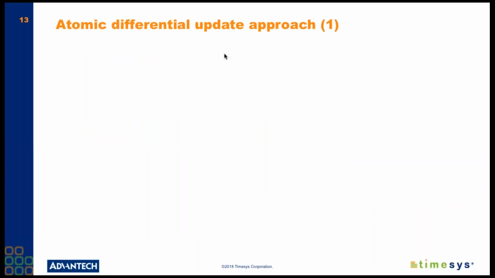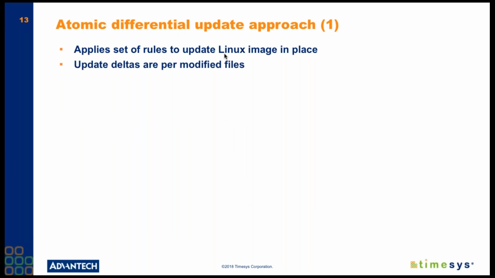The second approach is the atomic differential update approach. It applies a set of rules to update the file system in place, but the updates are done using binary deltas per modified file. So I can update just one binary file in the root file system using this approach.